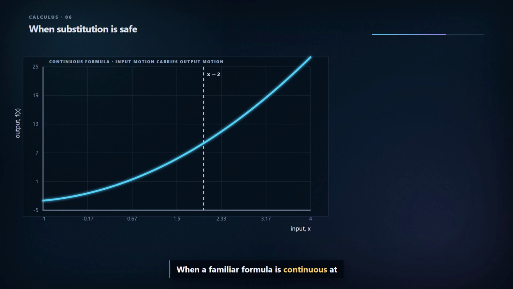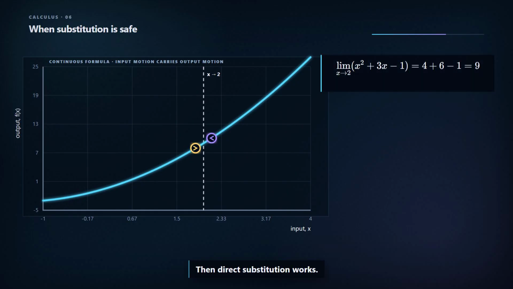When a familiar formula is continuous at the target, approaching the input carries the output smoothly with it. Then direct substitution works. As x approaches 2, x squared plus 3x minus 1 approaches 4 plus 6 minus 1, which is 9.